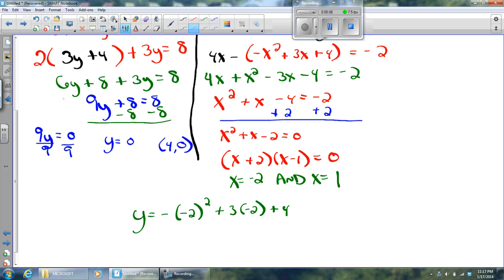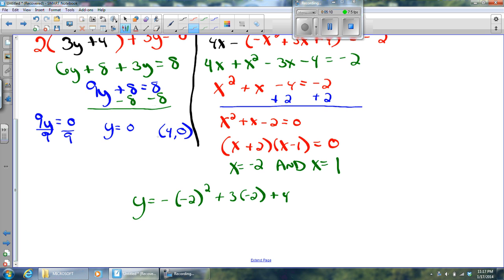Okay, now be careful with this. Follow your order of operations. You have to do exponents before this negative, before the multiplication. So negative 2 to the second power is 4. The negative of 4 is negative 4. So here I have negative 4. That's not the entire answer. That's just for that first part.